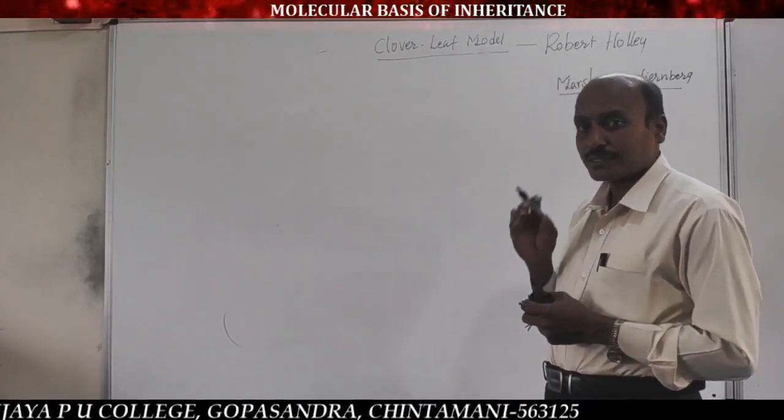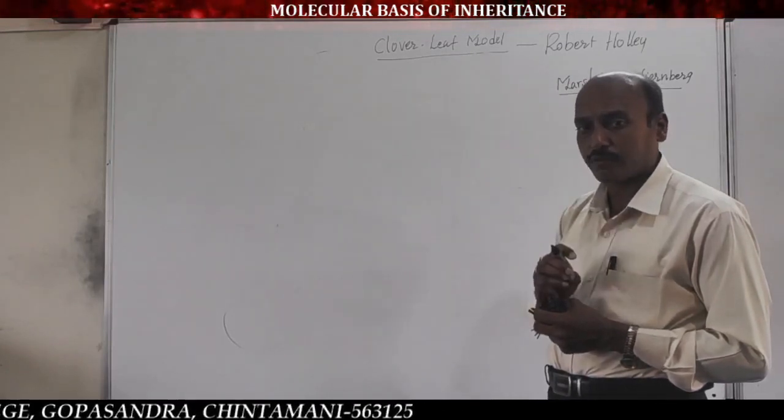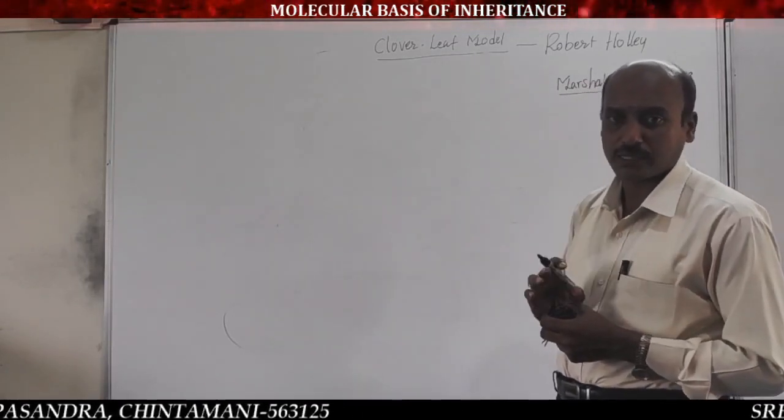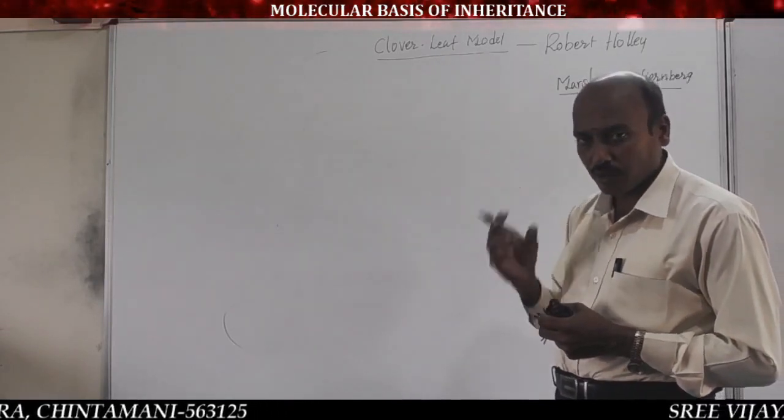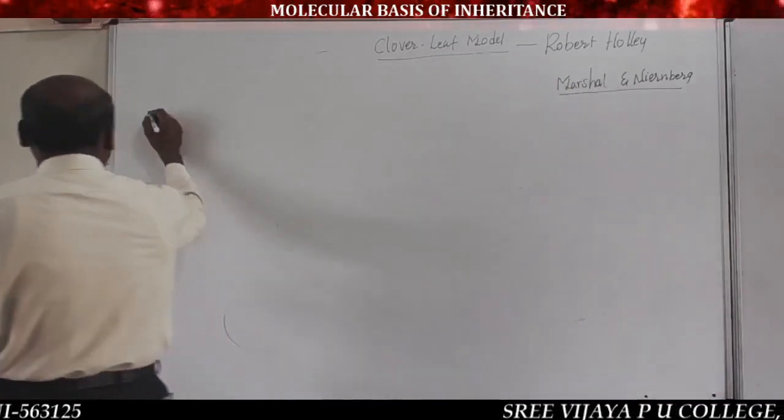Important: structurally, the clover leaf model of tRNA consists of 4 parts. That is the detailed structure of the clover leaf model of tRNA.